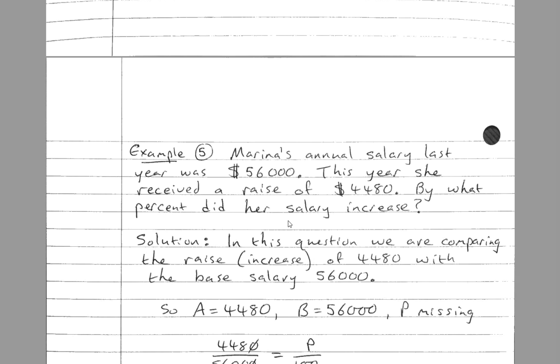And you can check that makes sense. If you work out 8% of 56,000, that's going to be 4,480. So her salary went up by 8%.